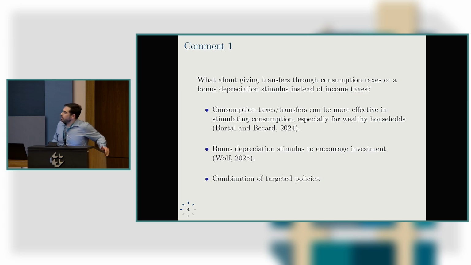I think though, maybe a combination of those two targeted policies can give an extreme case of what happens when you give the transfer directly to the agents to spend the money. So maybe this can be a way to approach optimal policy that is way more difficult to analyze in HANK models.